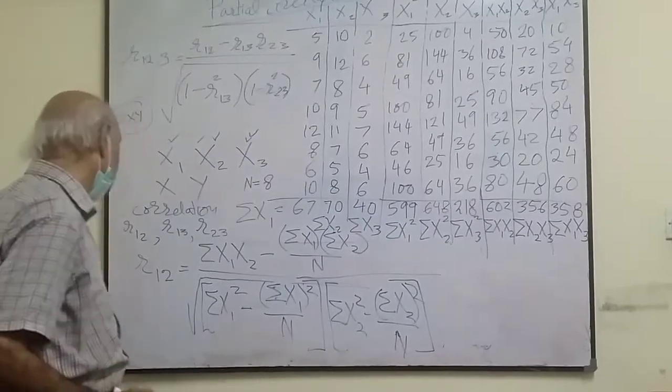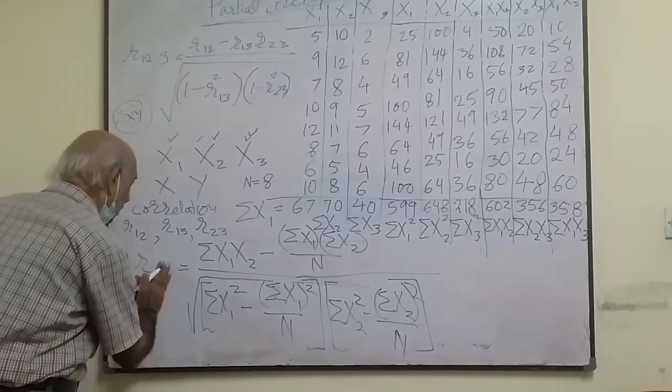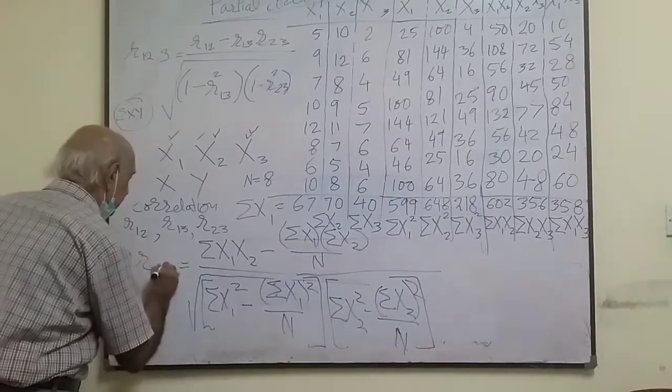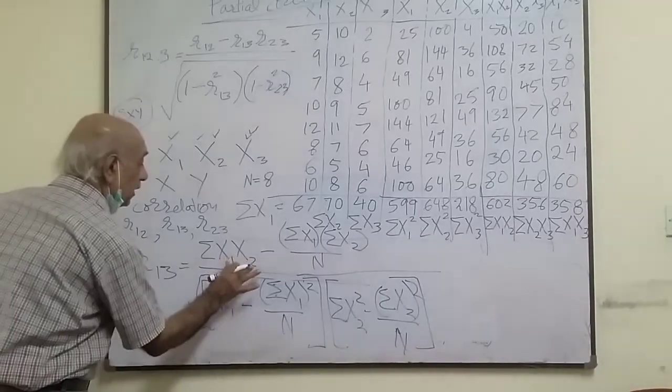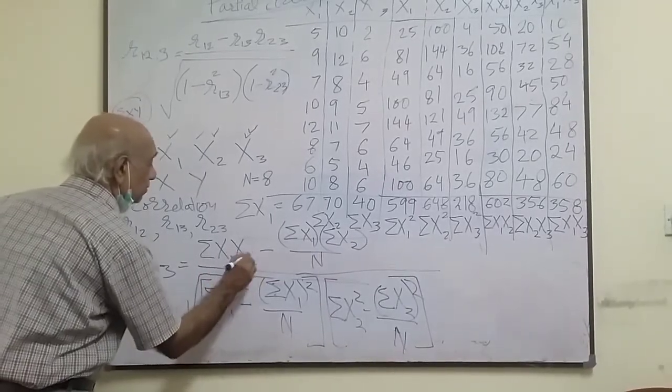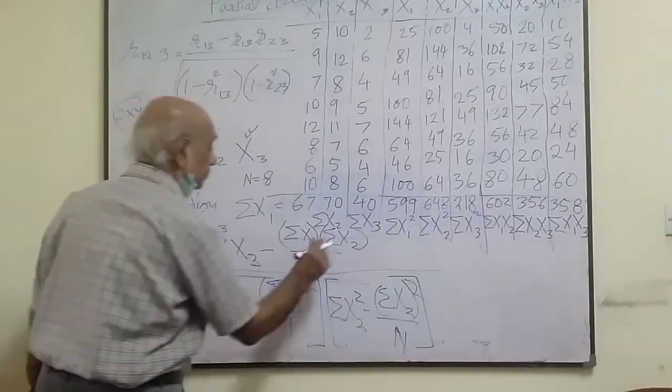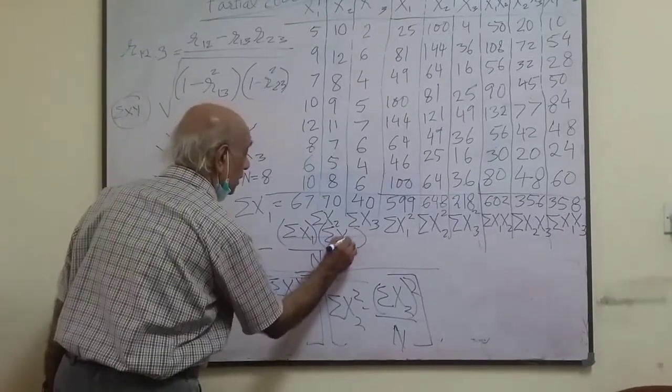What should be the formula for the correlation between 1 and 3? Simply change subscript 2 with 3.